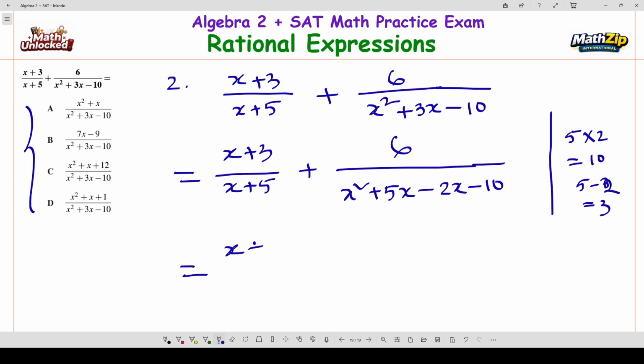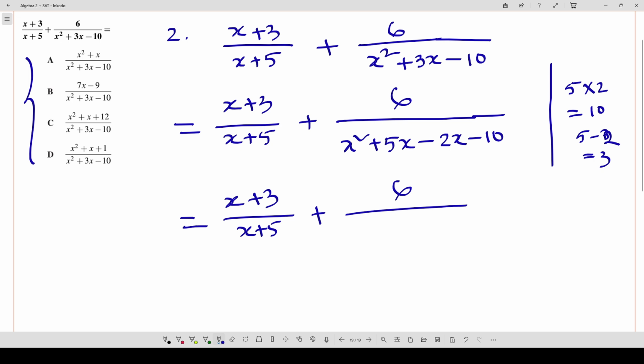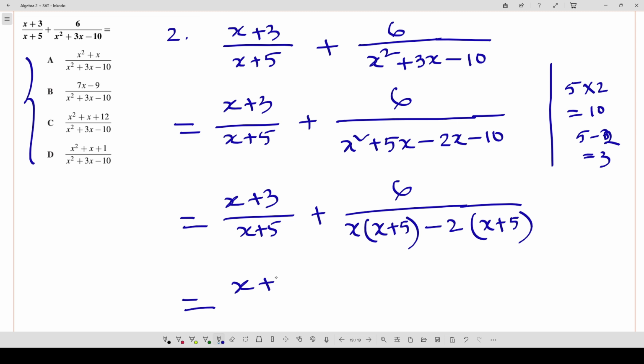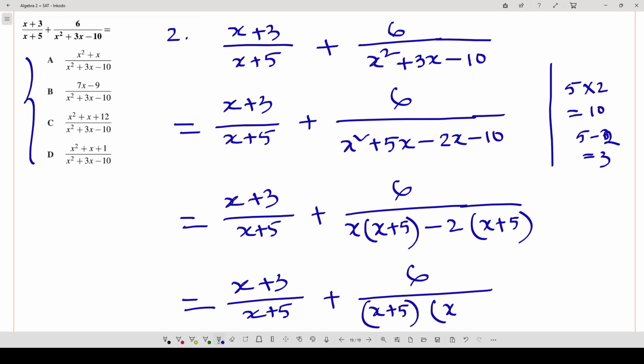So here is (x + 3) divided by (x + 5), plus 6, and in the denominator we can take common x, so x(x + 5) − 2(x + 5), common, again x + 5. So here is (x + 3) divided by (x + 5), plus 6 divided by (x + 5)(x − 2). We take common x + 5, and finally we get x − 2, right?